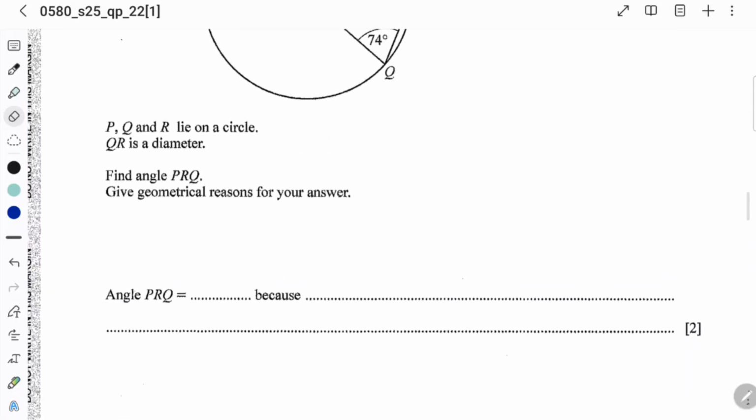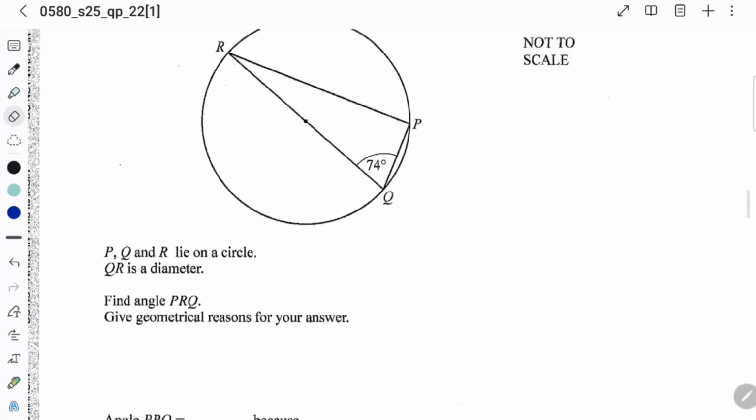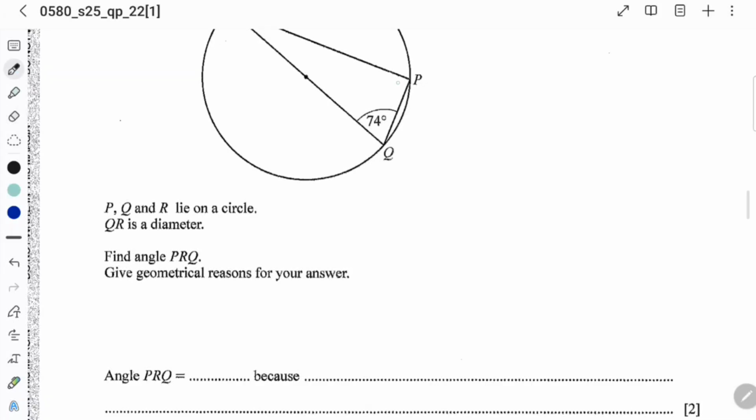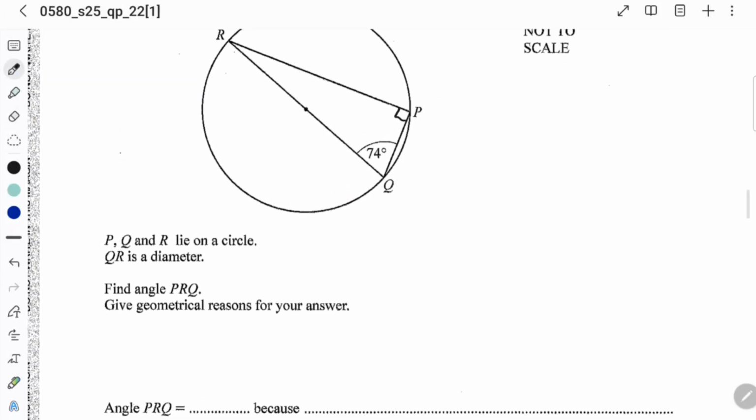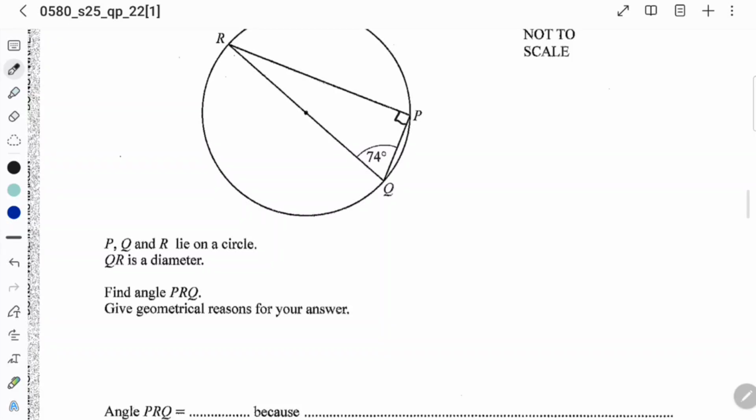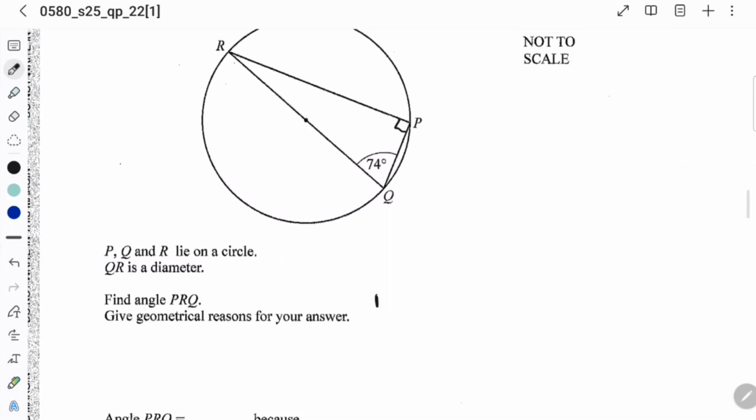So we are going to give the geometrical reason also, and we know that angle P is equal to 90 degrees, and this is Q. PRQ is required. So PRQ is equal to 180 minus 90 plus 74. 90 plus 74 is 164, and when you subtract 164 from 180, it is only 16.